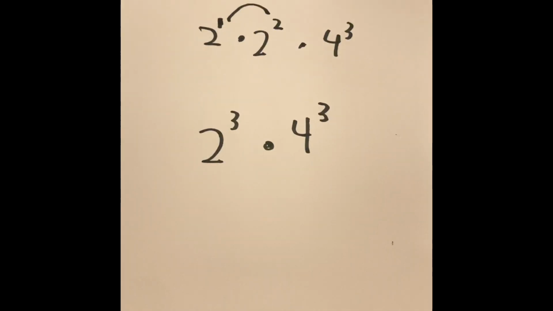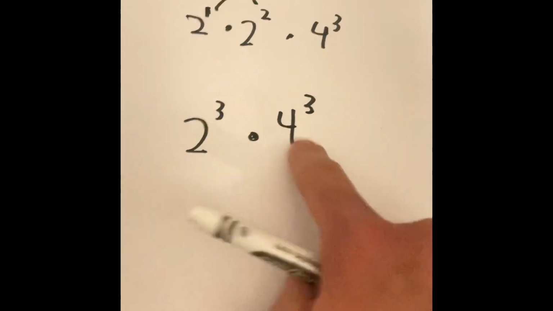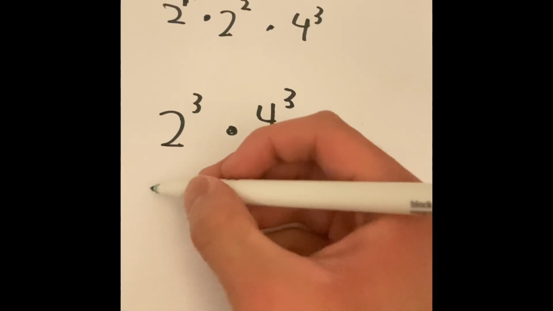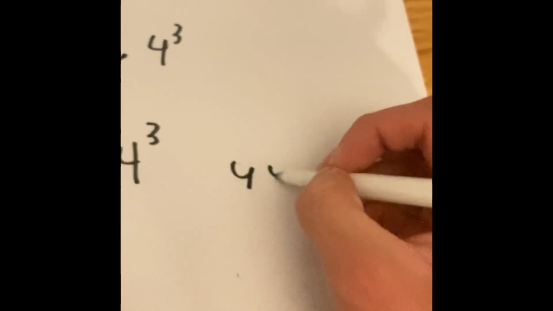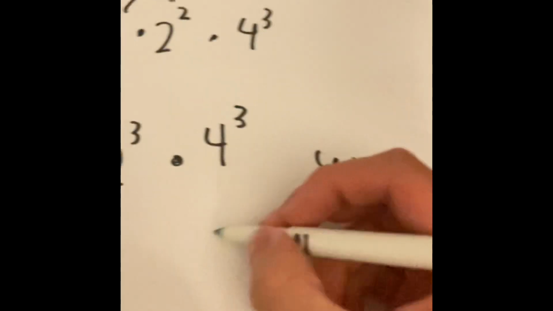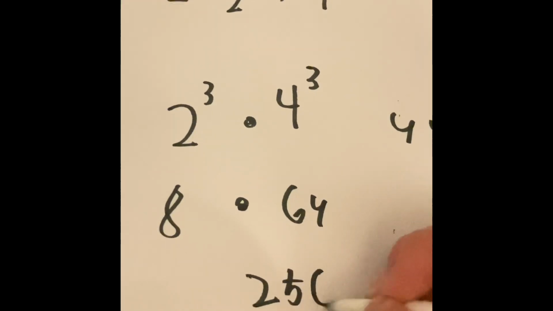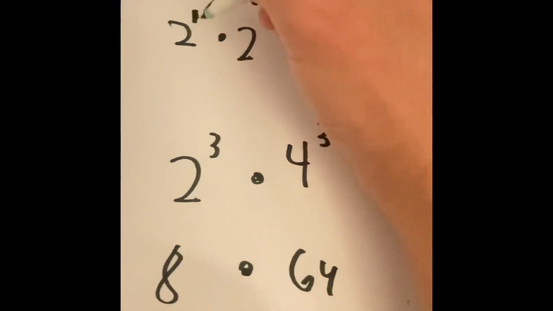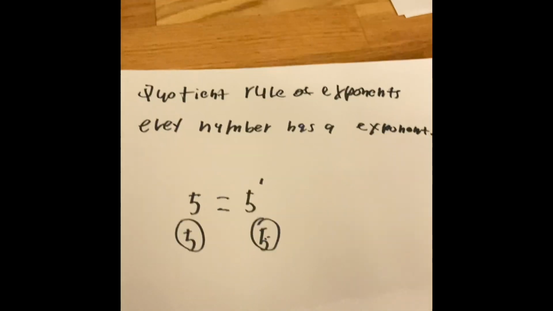The last thing we need to do is put these in number form. 2 times 2 times 2 is 8. 4 times 4 times 4 is 64. When you multiply the 2, you get 256. That is what you do when you see a number without an exponent. You have to give it an exponent, because every number has to have an exponent.